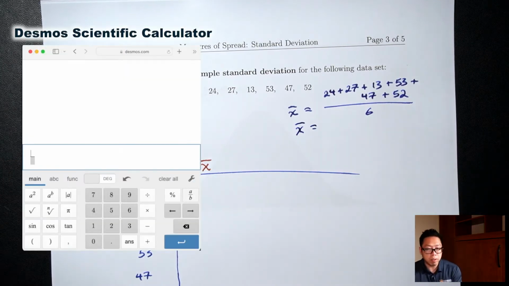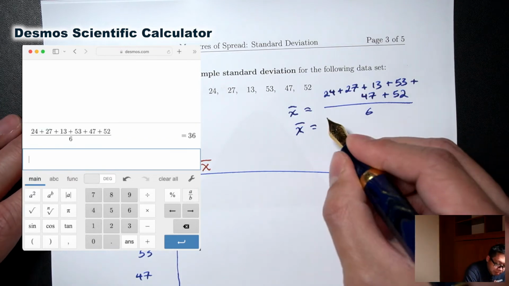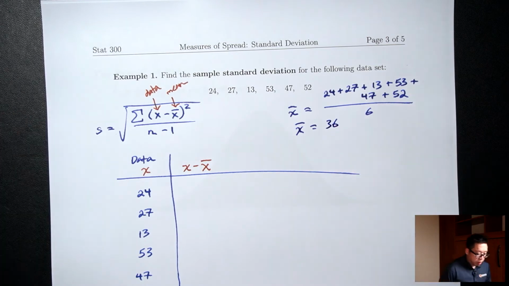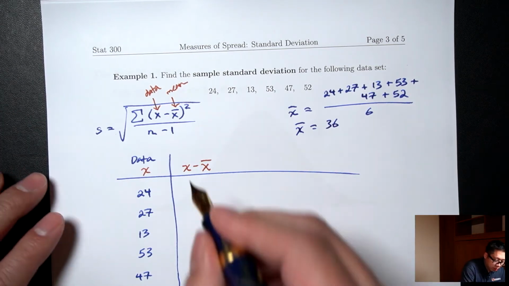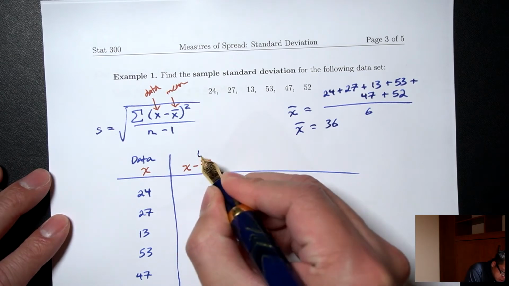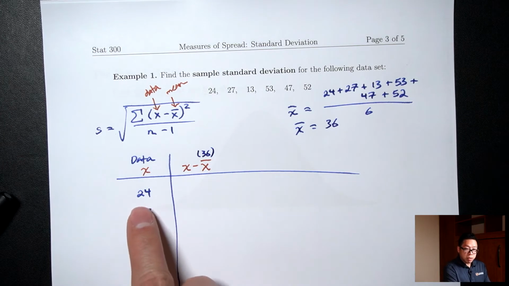So on my calculator, up top, 24 plus 27 plus 13 plus 53 plus 47 plus 52. On the bottom, 6. And I get 36. So this is saying, take your data values, subtract 36. Let me put 36 here. So we're going to take all of our data values and subtract 36.